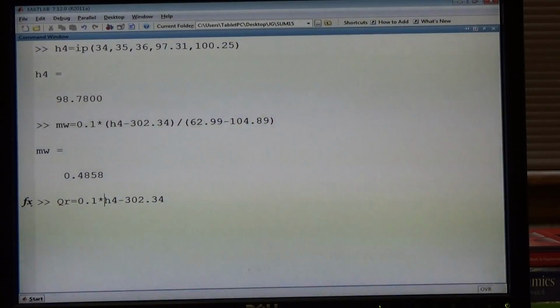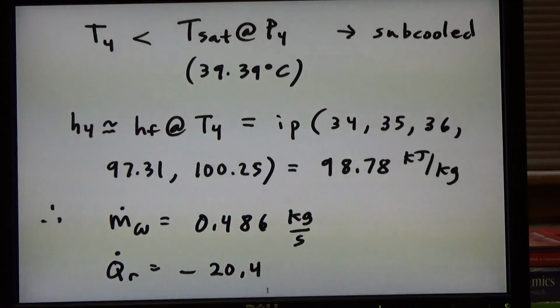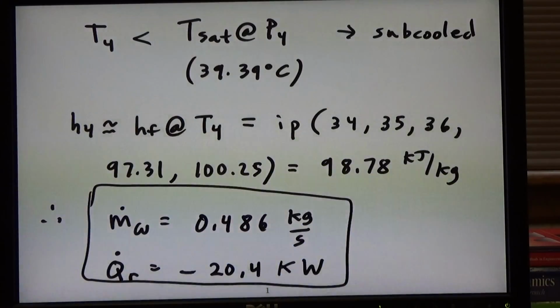We get negative 20.4. Our units here are going to be kilowatts, right? We're multiplying mass flow rate in kilograms per second times kilojoules per kilogram. That gives us kilojoules per second, or kilowatts. And this is our answer.